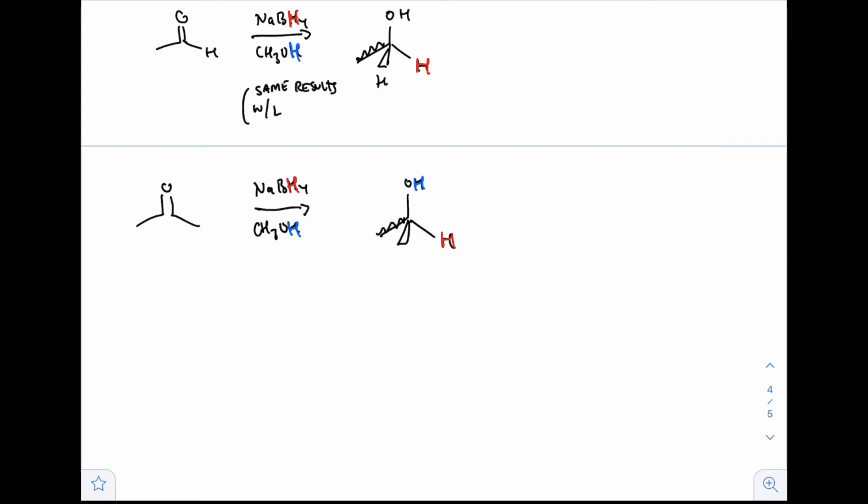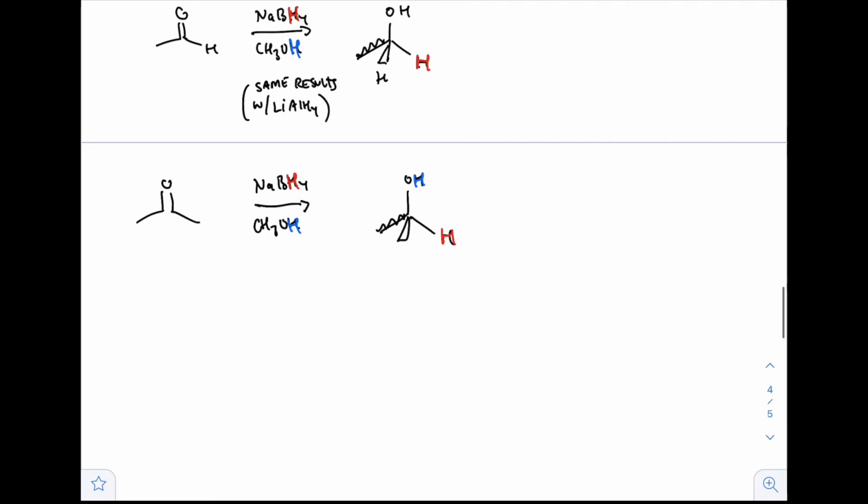Okay, so the same results will occur with lithium aluminum hydride or sodium borohydride, and so what you really need to understand is that on paper they're going to be the same for us. At least they're going to react with aldehydes and ketones in the same manner.